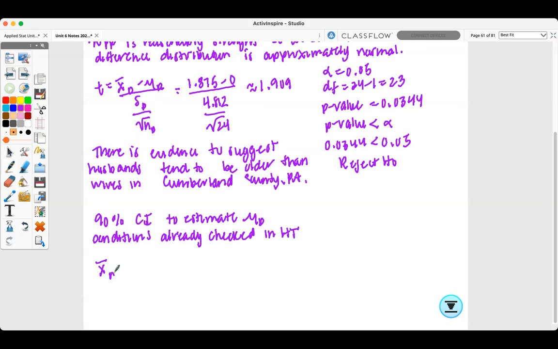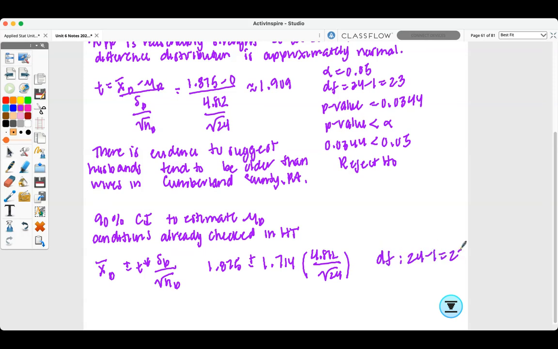So our formula for our confidence interval is the mean of the differences plus or minus t star times our standard deviation of the differences over the square root of the number of our differences. So this would be 1.875 plus or minus 1.714 from our table times 4.812 divided by the square root of 24. Again, remember our degrees of freedom is 24 minus 1, which equals 23.